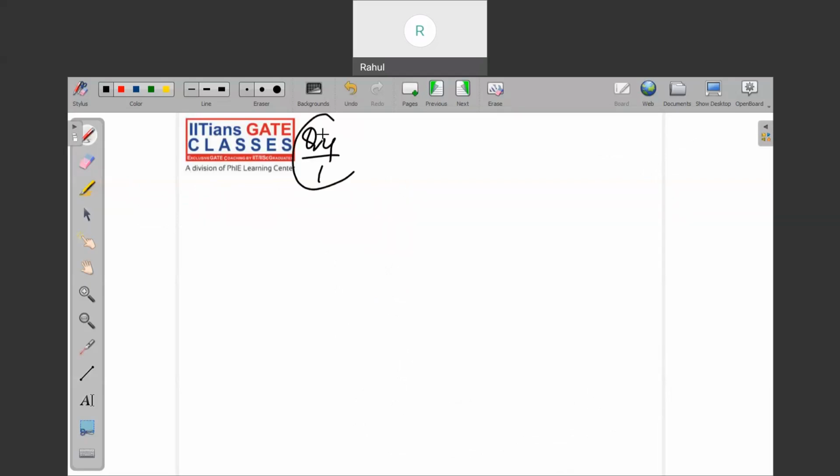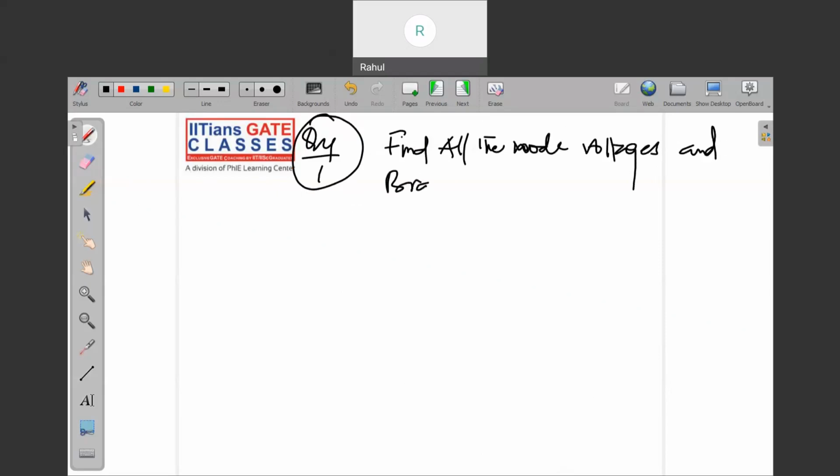Question number one: based on our discussion, find all the node voltages and branch currents, and take beta equal to 100.